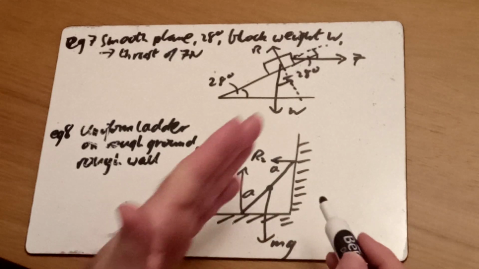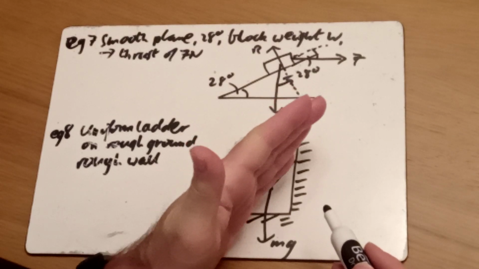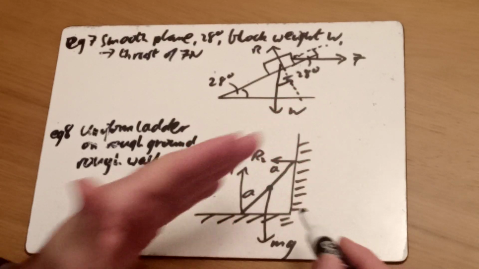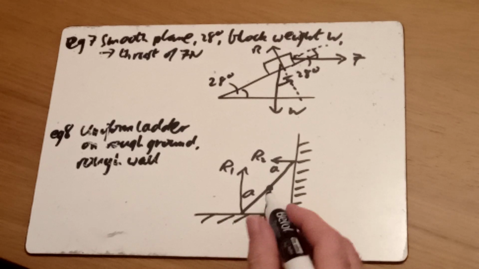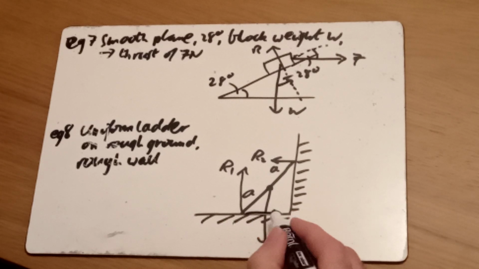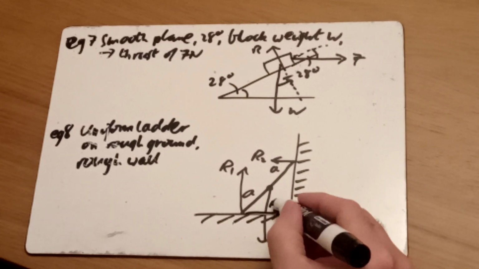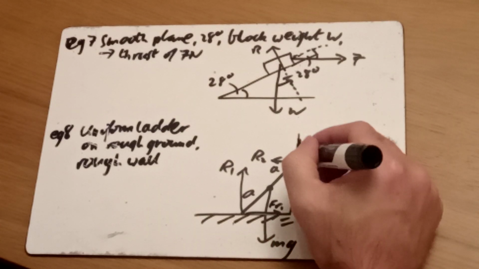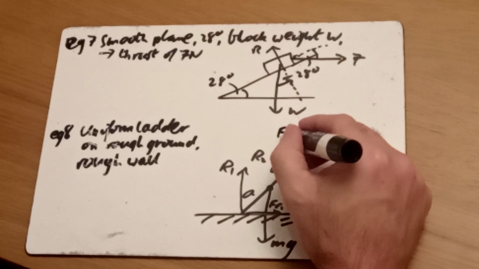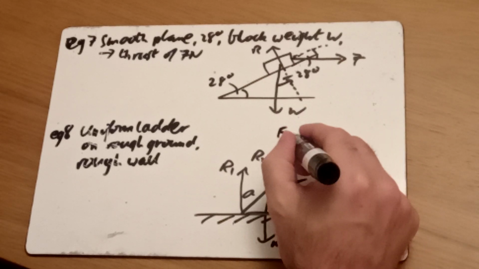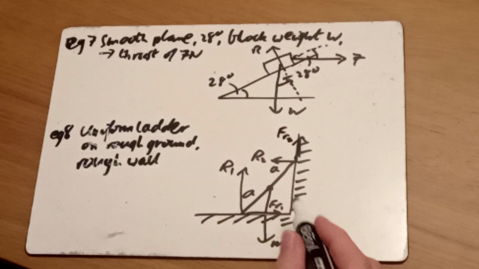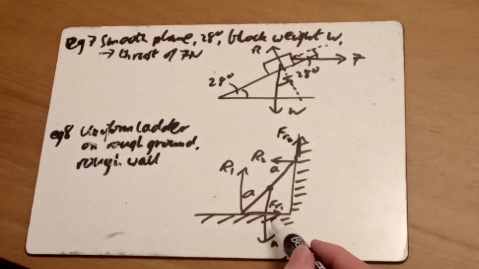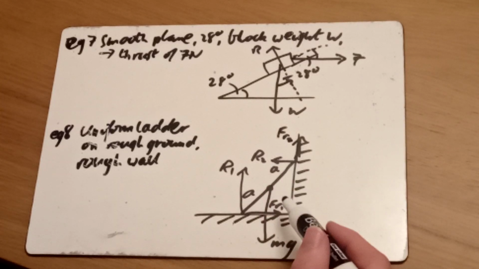Now, the ladder itself will want to slide down the wall and go away from the base of the wall there. So to stop it, my friction will act at this point towards the wall, let's call it friction 1, and it will act upwards, that way there, let's call that one friction 2. So they are 2 different frictions because they are 2 different surfaces, and there'll be 2 different values as well.